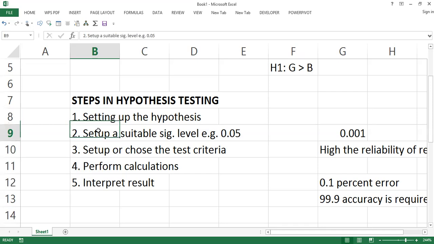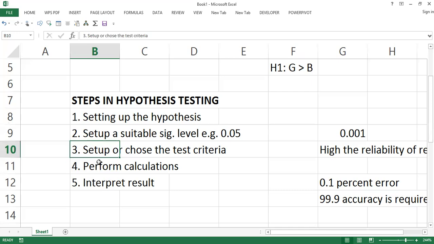So you see that's the sensitivity here. At every stage, the right thing must be done. Let's say you set up a correct hypothesis. You set up a good, suitable significance level. And then in choosing the test criteria, you now choose a wrong test.